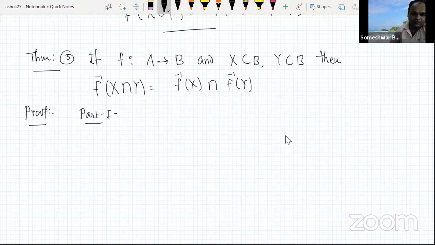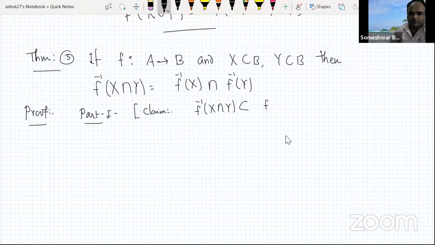Our claim is that f inverse of X intersection Y is a subset of f inverse of X intersection f inverse of Y. So we'll prove this in the first part.